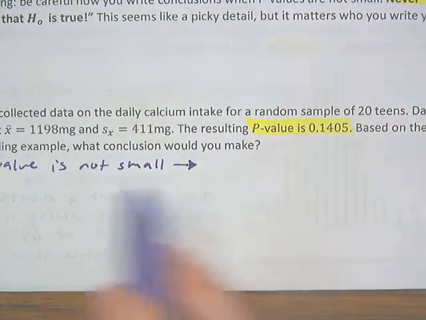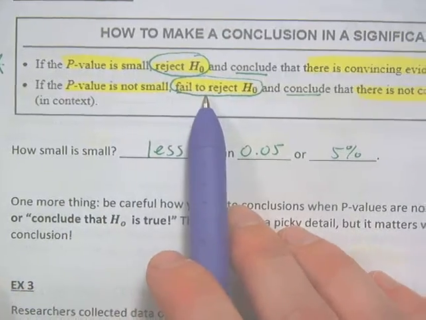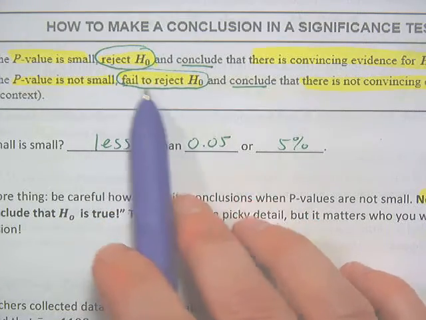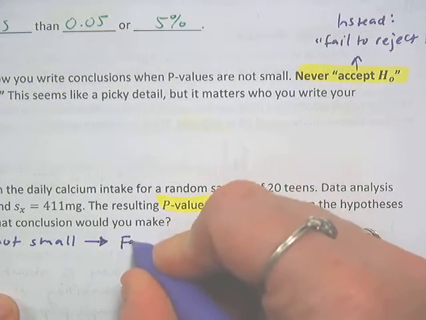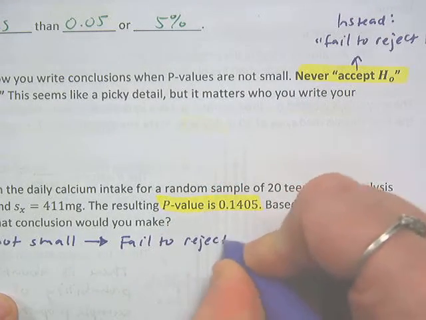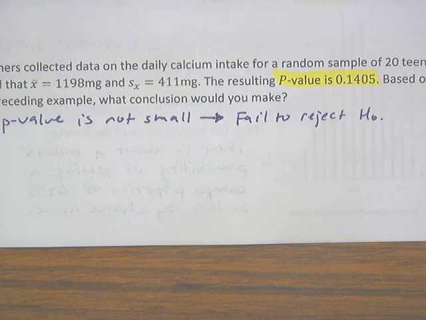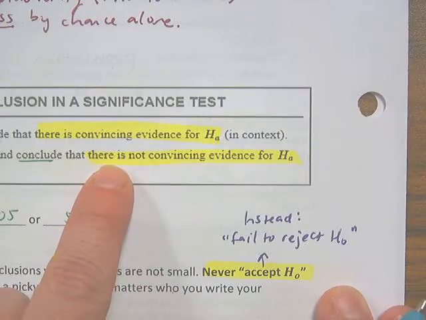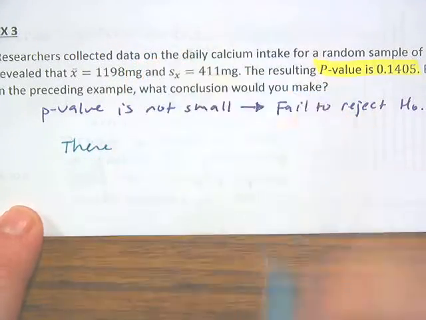So then there's the flow to it. Look in your box. If the p-value is not small, how do we word the next part? We fail to reject the null. Yes, fail to reject the null. The conclusion, what you actually need to write in sentence form, is whether there is convincing evidence or not for HA. So I'm looking back up here. Boom, there's not convincing evidence. Don't just write "of HA."